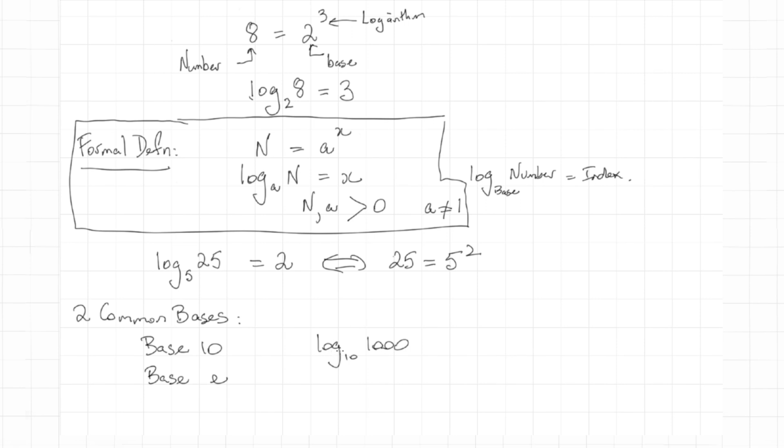That's saying what is the power I must raise the number 10 to get 1,000. Well, 10 times 10 times 10 is 1,000, so that'll be 3. It is an accepted standard that if it is log to base 10, we just write log with no base. So if you don't see a base, it is assumed to be 10.